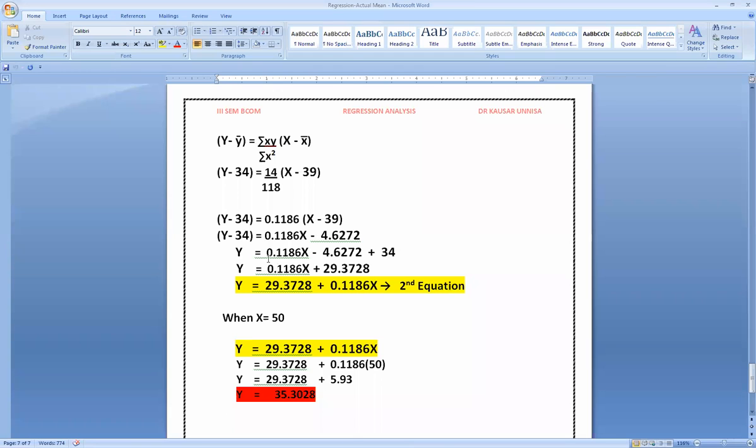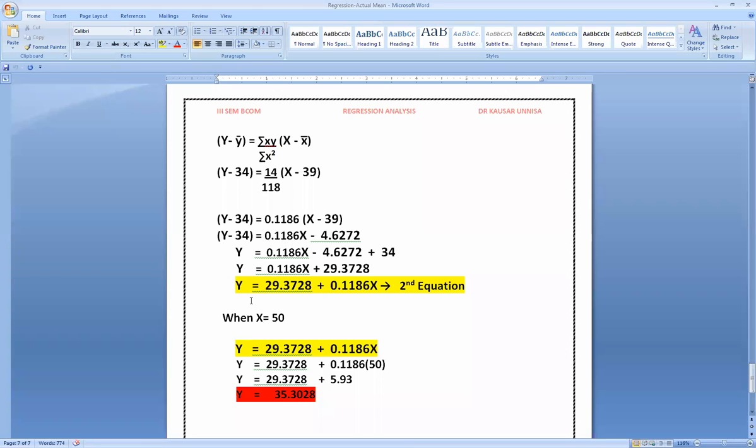So the right side is 0.1186x minus 4.6272 plus 34. One is plus 34, another is minus 4.6272, so we do the subtraction here. The value we get is 29.3728. Then y equals 0.1186x plus 29.3728 is the regression equation.